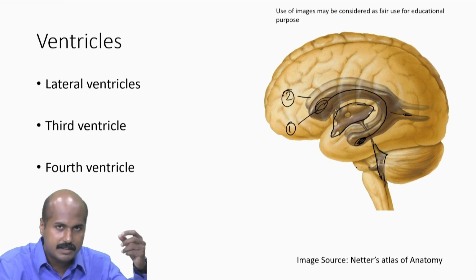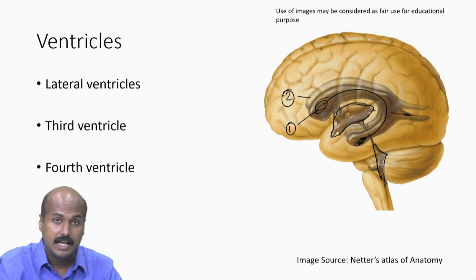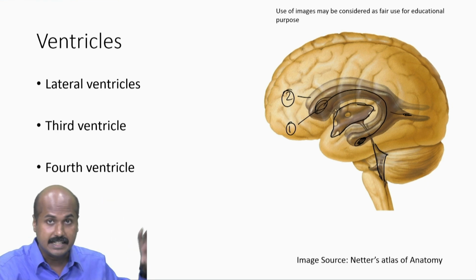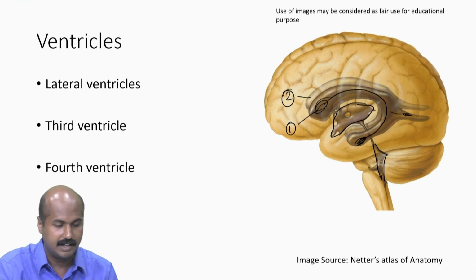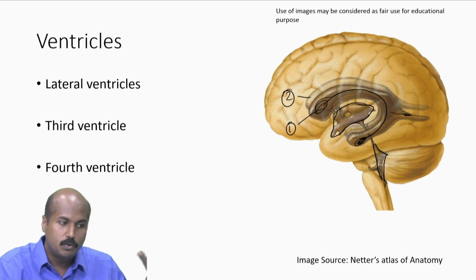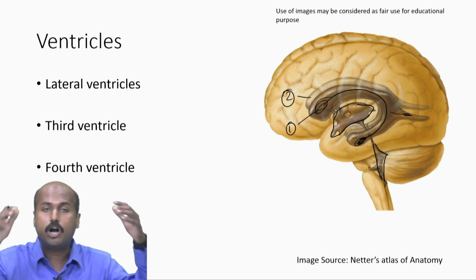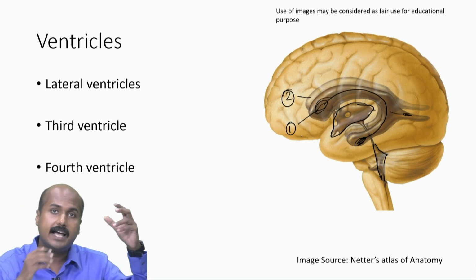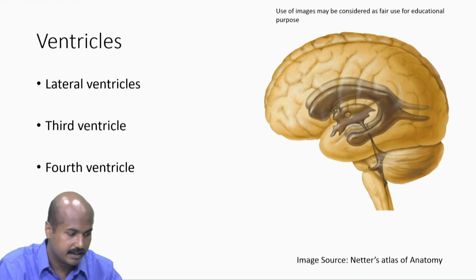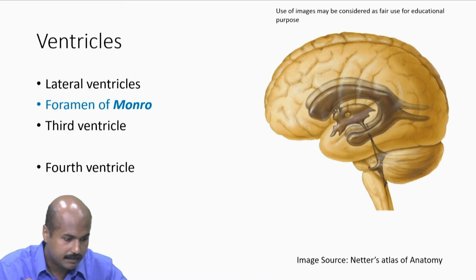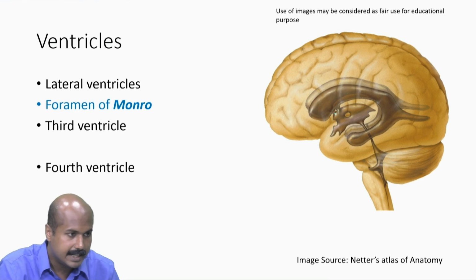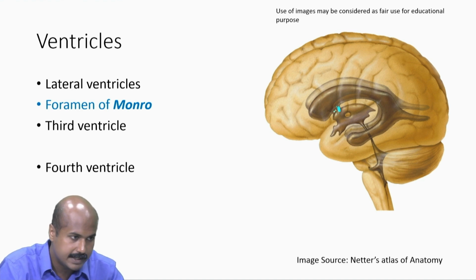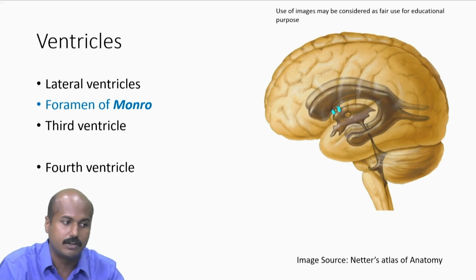Now I'll detail a little bit about the communications between these different cavities. The two lateral ventricles are not communicating with each other, but they are communicating with the third ventricle. That is called the foramen of Monro. You can see this small canal, that is the foramen of Monro.